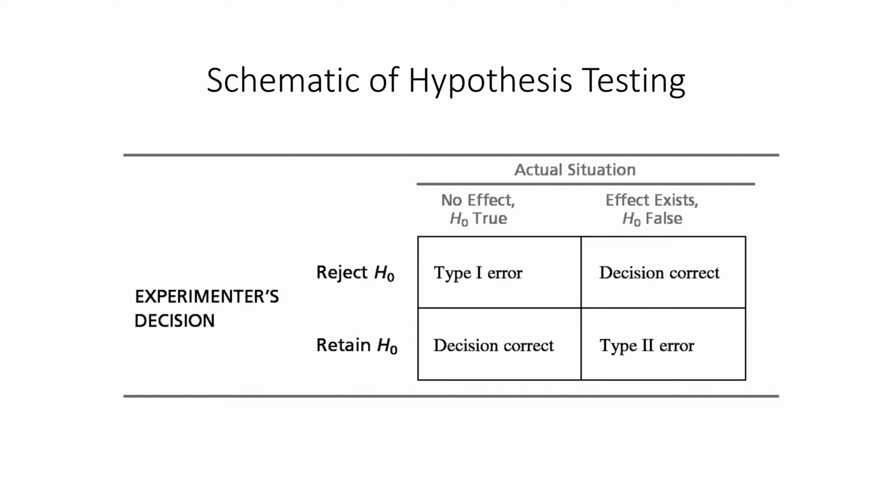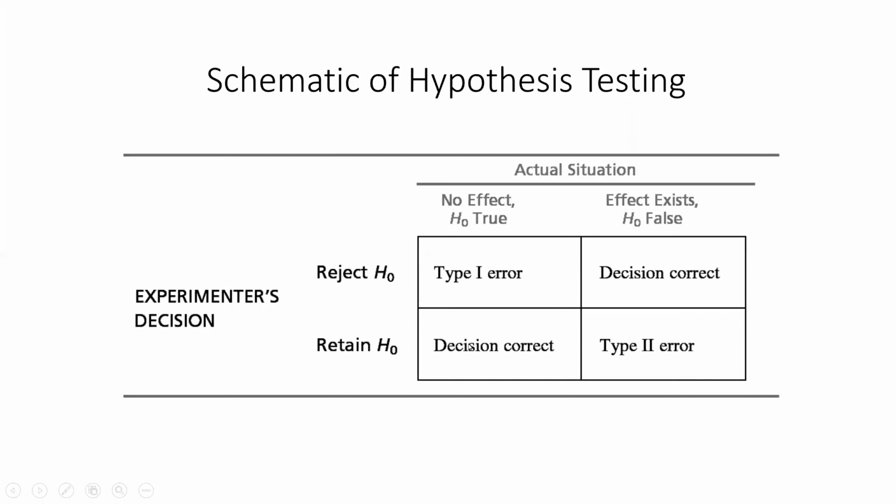That is the event that happens in the upper right corner of the table shown. The effect exists, there's an actual difference at the population level between the treatment and control groups, and the experimenter, recognizing statistically based on their statistics that there is a significant difference, rejects the null hypothesis. It's listed here as a correct decision.